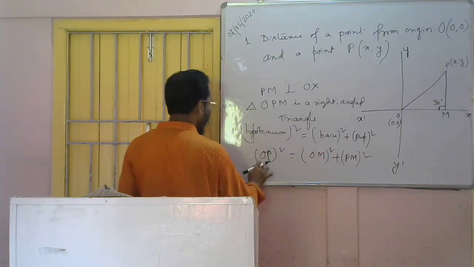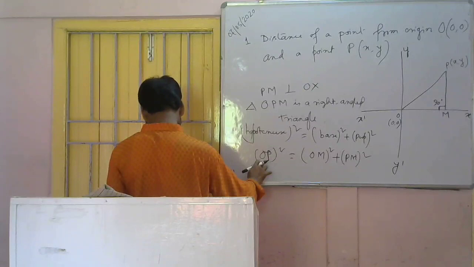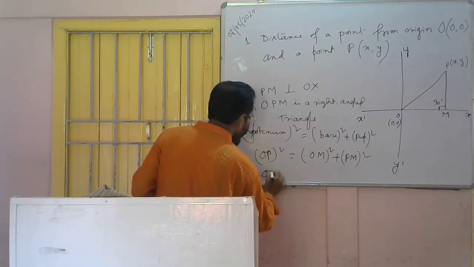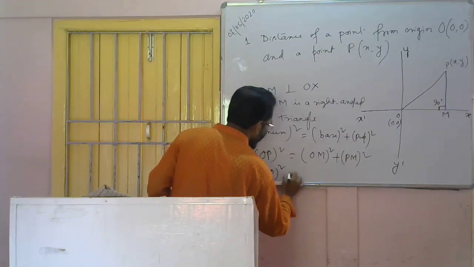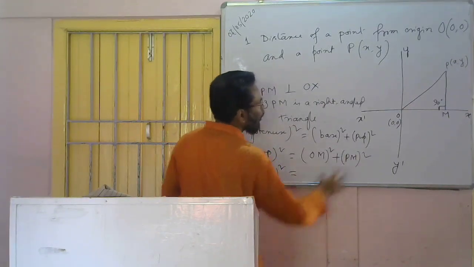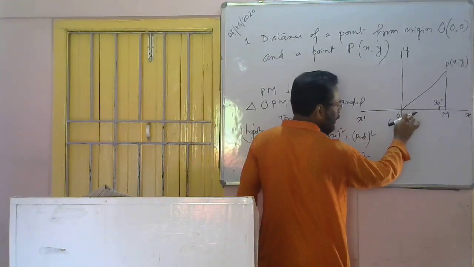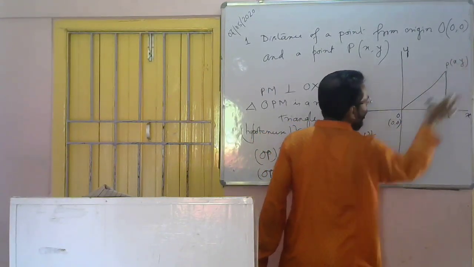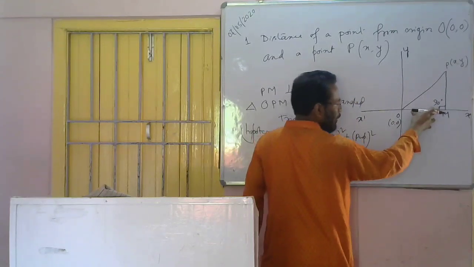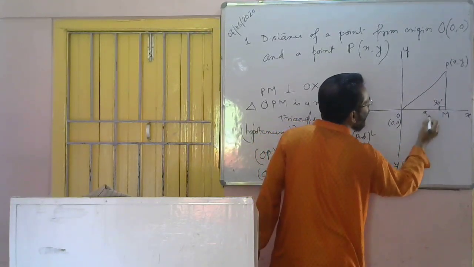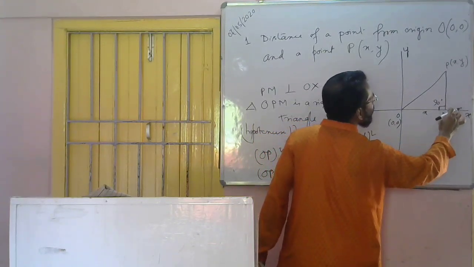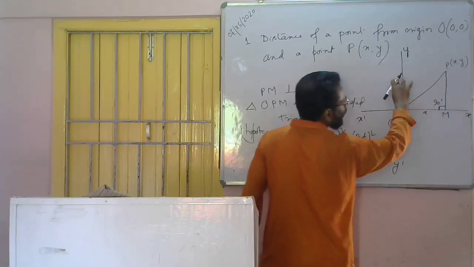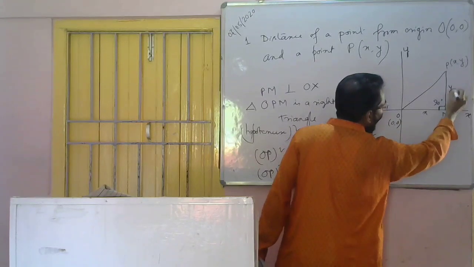So OP square is equal to OM square plus PM square. From the initial point O to M, the length is x, and from M to P, that is the y coordinate, the length is y.